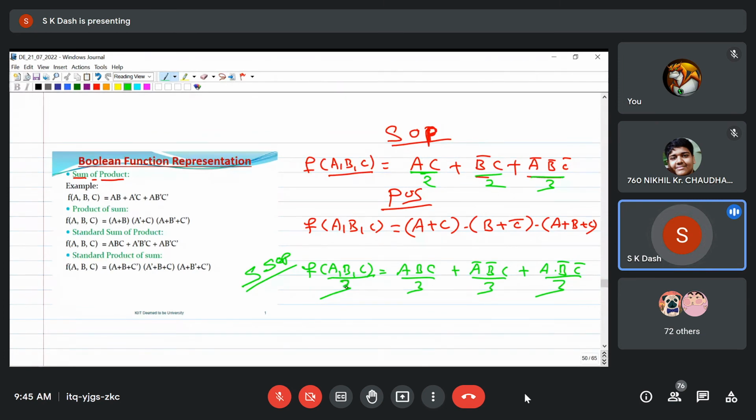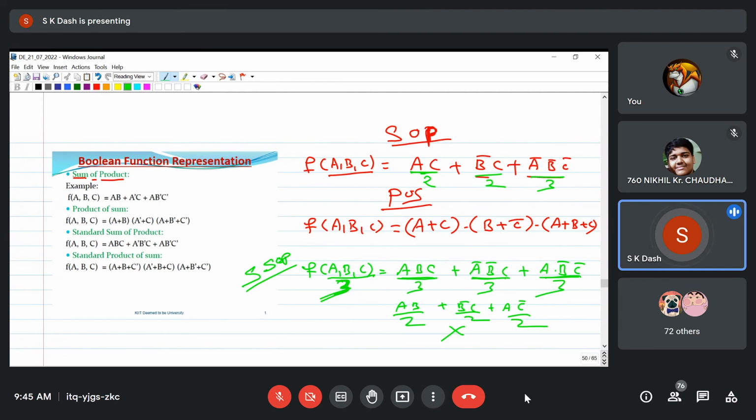So the number of input variables has to be the same in each product term. It is not possible that, suppose you write AB plus B bar C plus AC bar. Again it is not in a standard form, because your number of input variables is 3, but here you are taking 2, here 2, here 2.